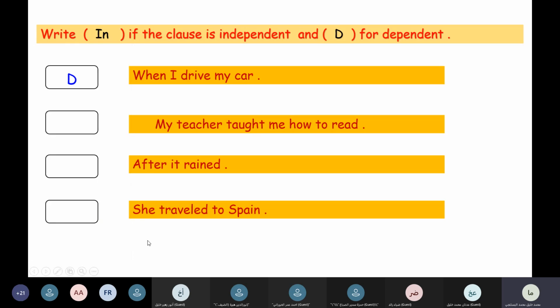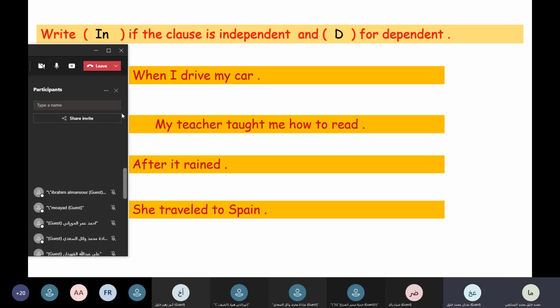Read the second sentence. "My teacher taught me how to read." What do you think? Is it independent or dependent? Independent. Good, independent, because it can stand by itself. And it has what? A meaningful sentence. Yes, it is a meaningful sentence. Next.